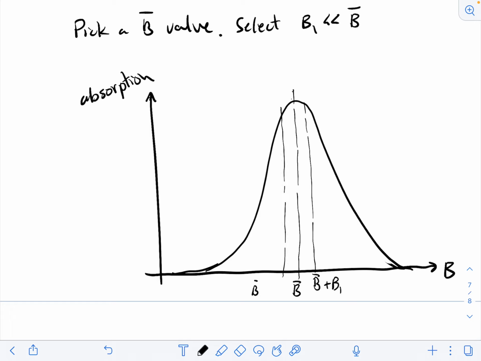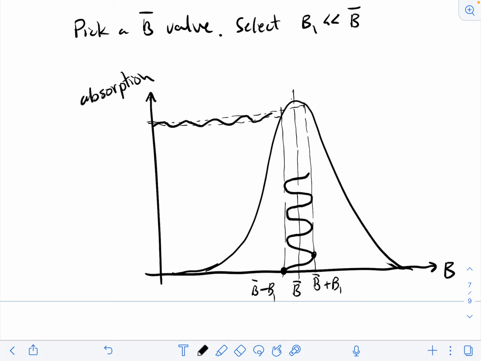And when we do that, when we have a minimum of the magnetic field, we would get this value of absorption. And then when we have a maximum, we would get this value of the absorption. And what we find here is that when we sit at the peak, when B average is set to be the peak of our absorption, the oscillations at the output are very small.